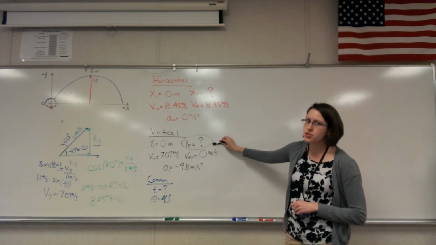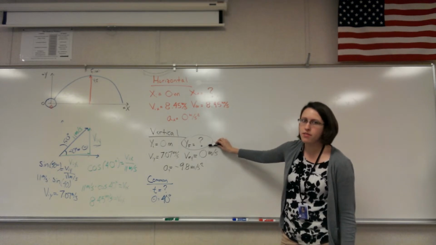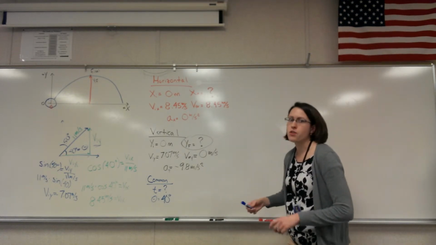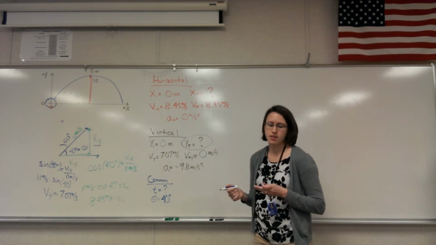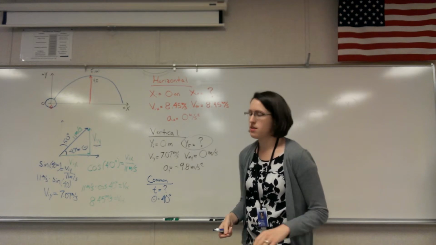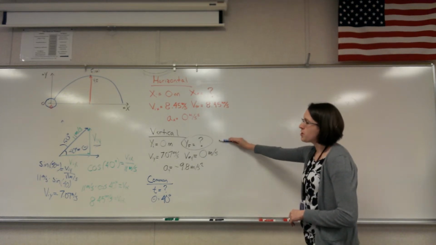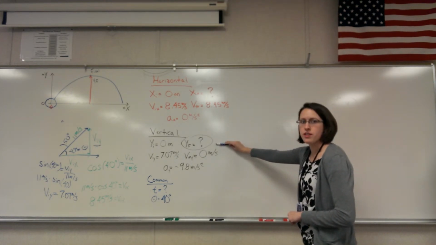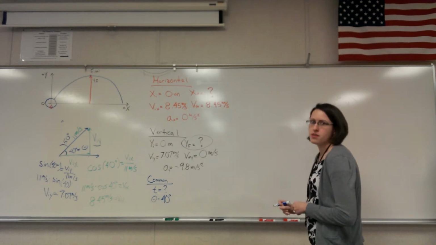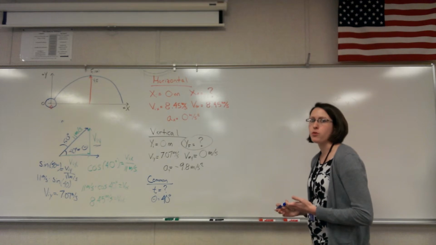So now that we have all of our information, and we determined that what we're looking for is our final position in the vertical direction, our y_f, we can turn to our kinematic equations. If you look in your books on page 79, we can look at the equations and try and find one that's going to work for us. Since we know we're looking for our final position in the vertical direction, there are two equations that could be helpful for us. I'm going to write the two equations and talk about which one we want to pick.